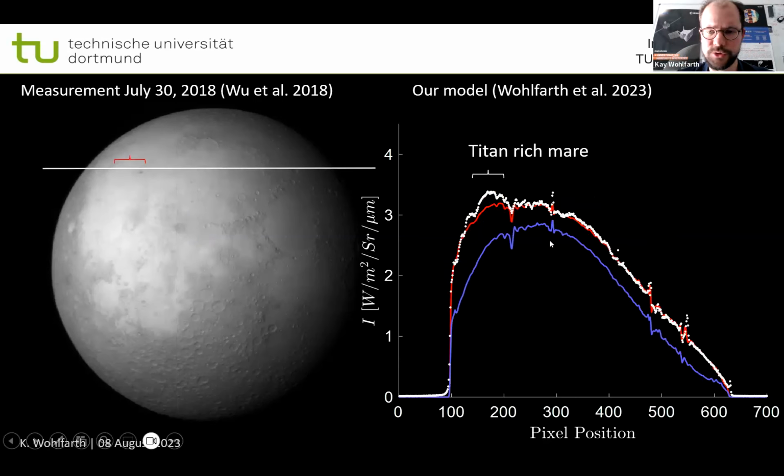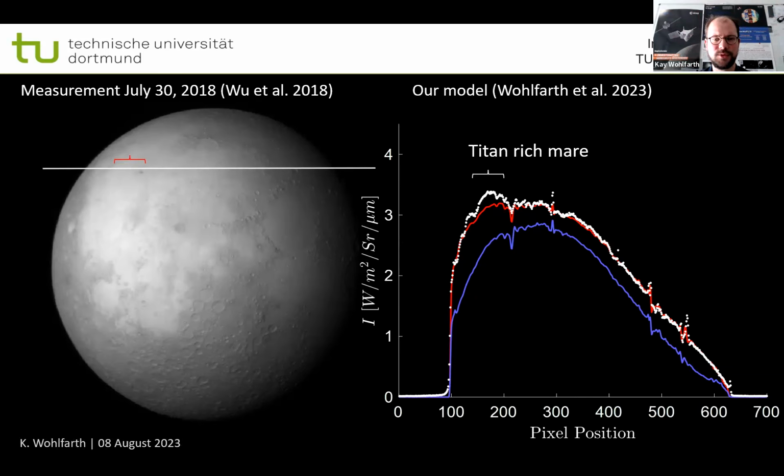This profile is also really interesting. Here we can see that using a higher roughness shifts our curve to the data points, and these small craters are also well reproduced, but there seems to be some offset over here, which can be found in Oceanus Procellarum, and this region is particularly high in titanium.